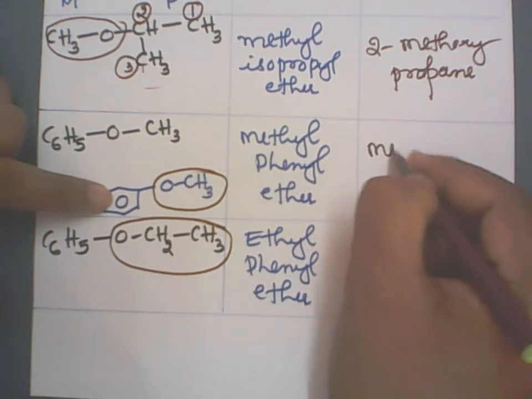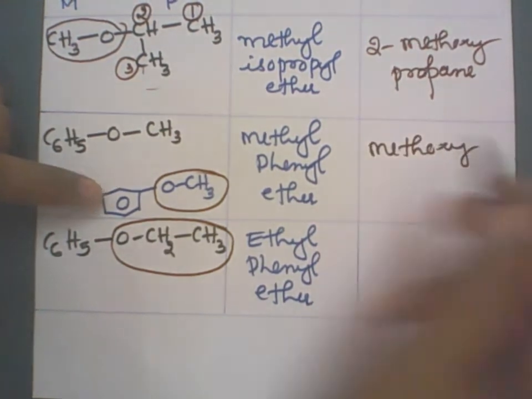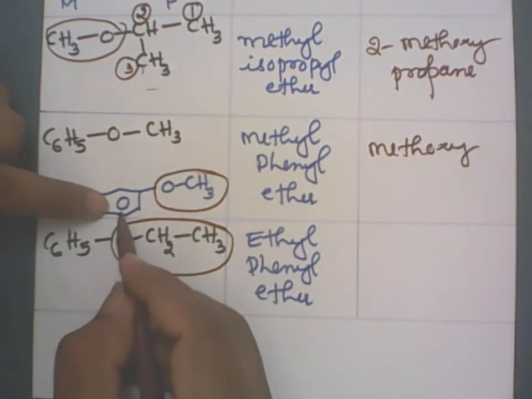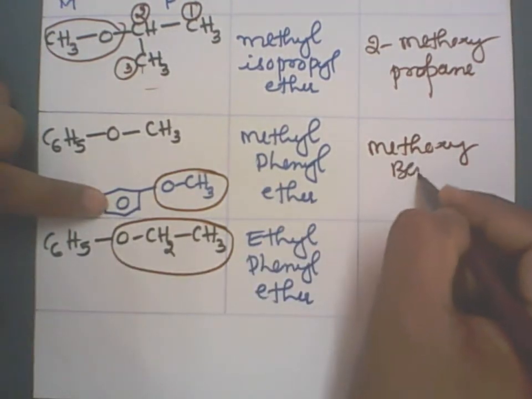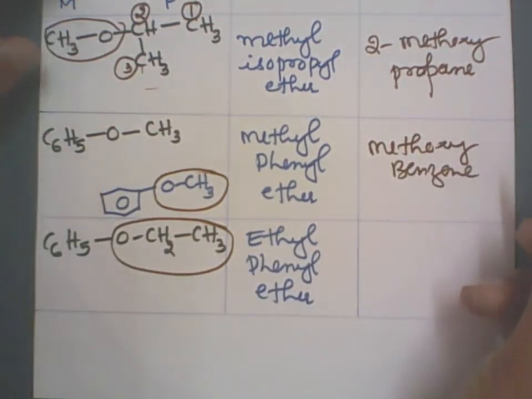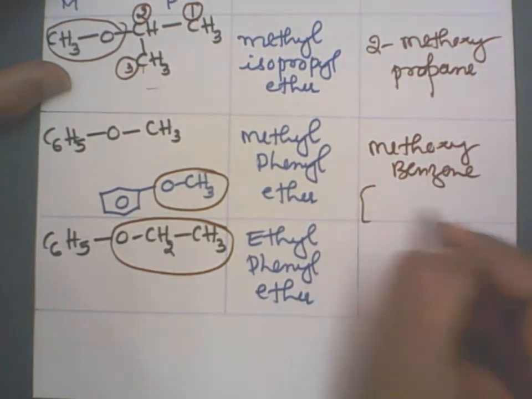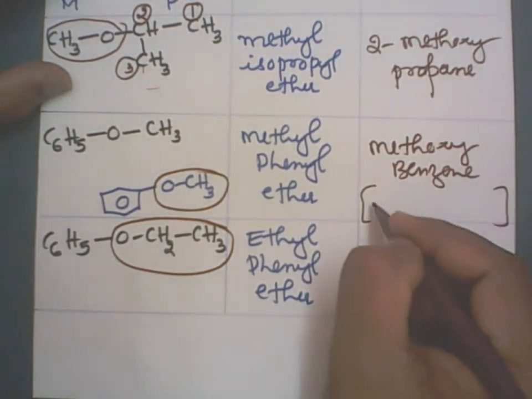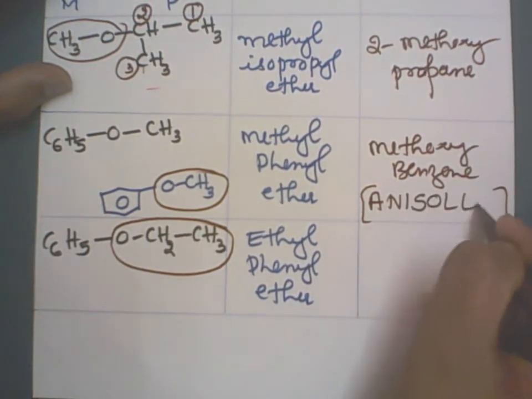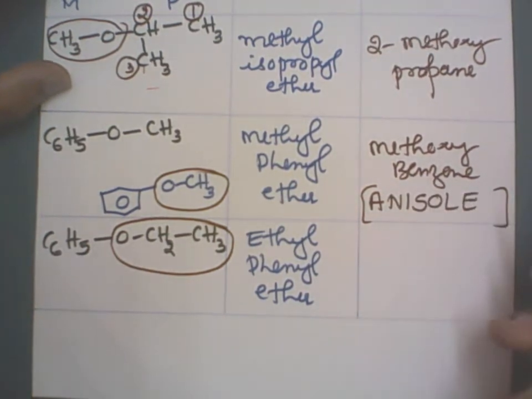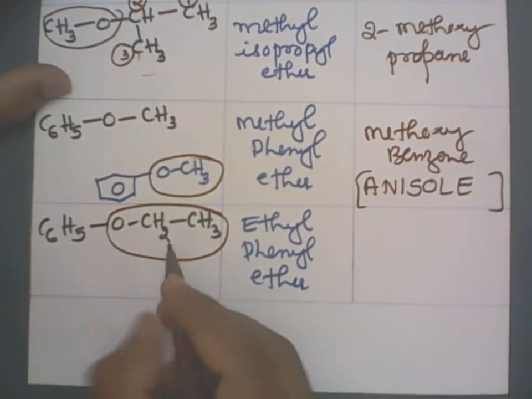This should end with the alkane, but this is aromatic hydrocarbon. Name is benzene. Methoxybenzene. This is methoxybenzene. Okay, and the other name is the commercial name of this one. It's commonly called as the anisole. This is known as the anisole compound. Okay, anisole.